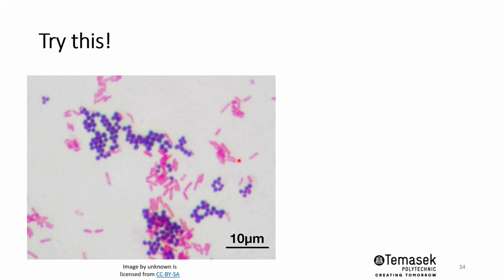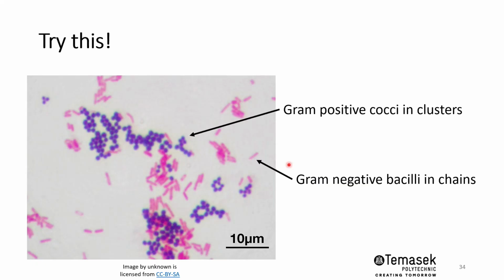Most of the purple-stained cocci look like they are in clusters. Some of them are in chains. Whereas the rod-shaped, pink-stained bacteria look like they are in chains. So this should be gram-positive cocci in clusters, and then you have your gram-negative bacilli in chains here.